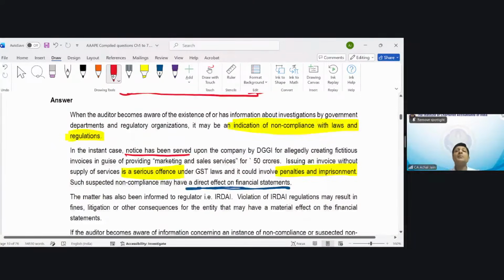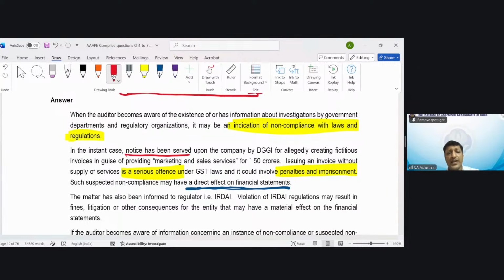When the auditor becomes aware of the existence of or has information about investigations by government departments and regulatory organizations, it may be an indication of non-compliance with laws and regulations. Okay, which clearly seems to be happening in the given situation.